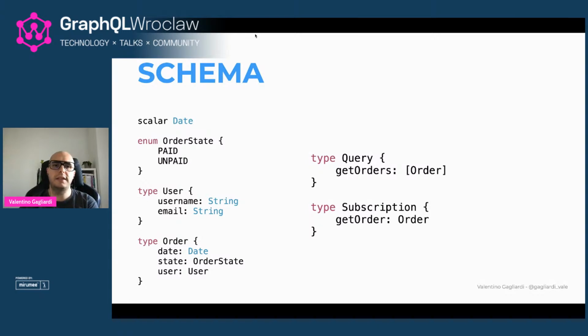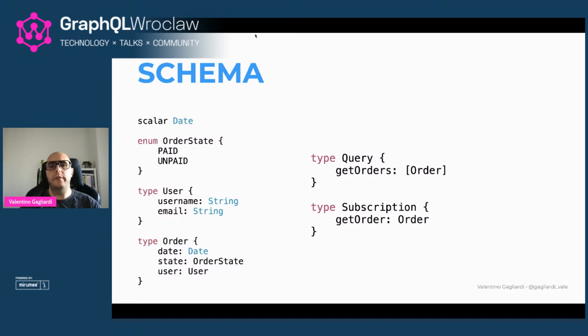And we also used a scalar date type from Ariadne, which is later loaded in the executable schema. And here we have a user type, an order type, where the user is connected to each order. And we also declare a query.